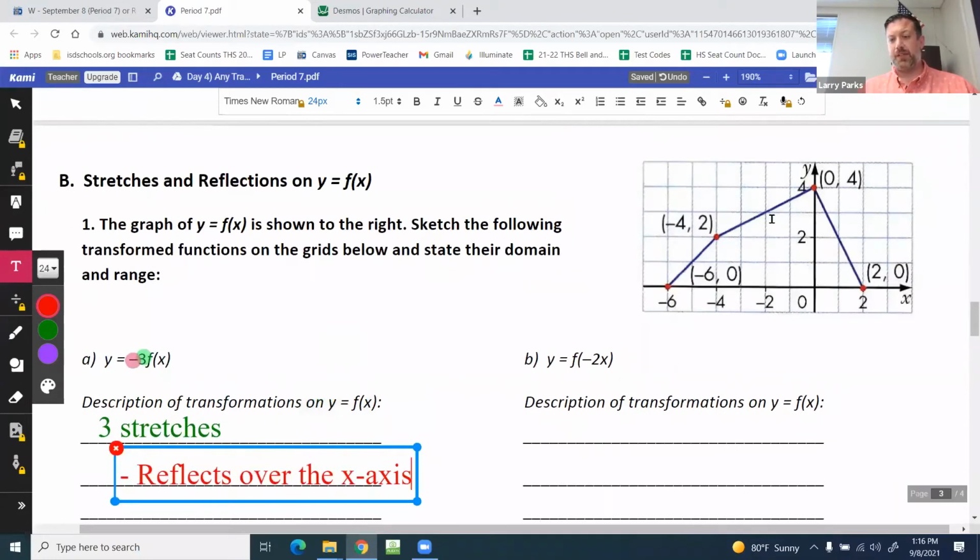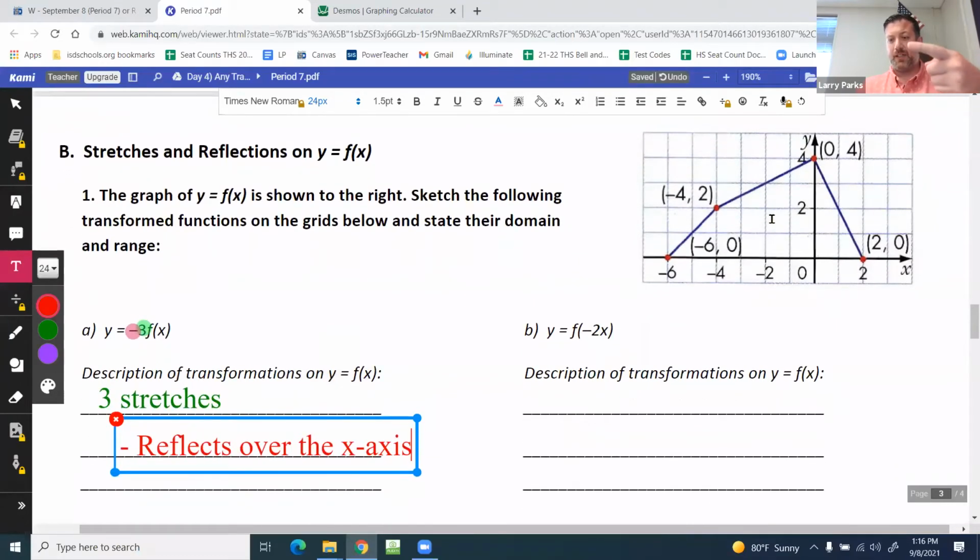So what's going to happen is you're going to take this graph and it's going to flip over.